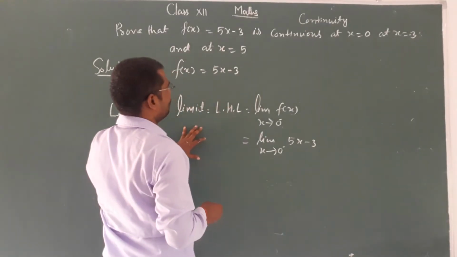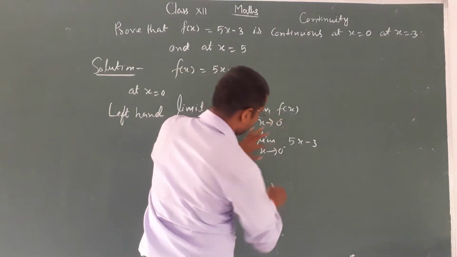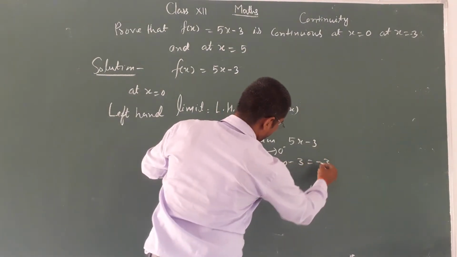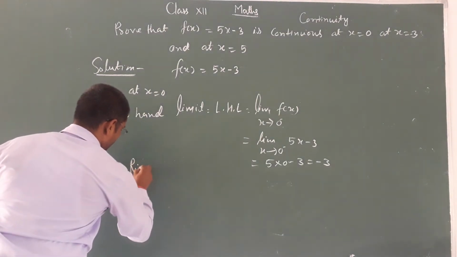Putting x equal to 0, we get 5 into 0 minus 3, which is equal to minus 3.